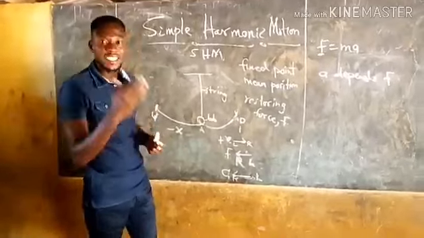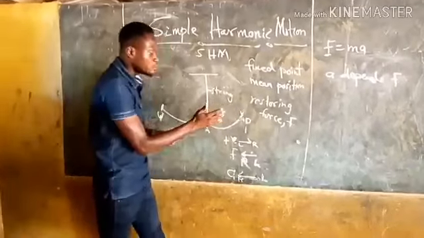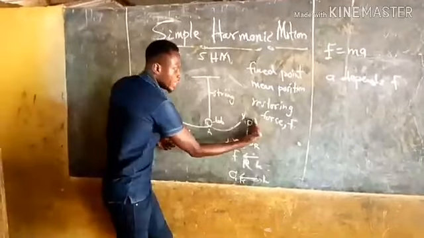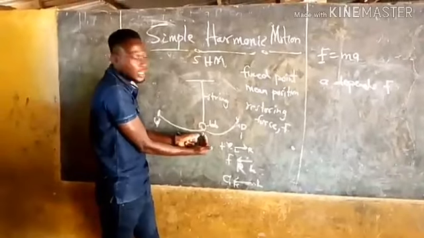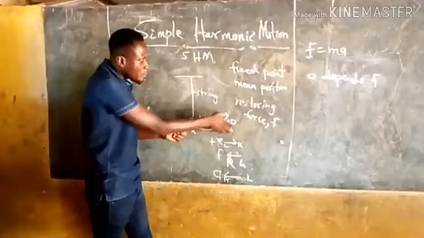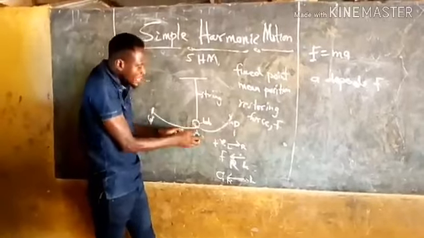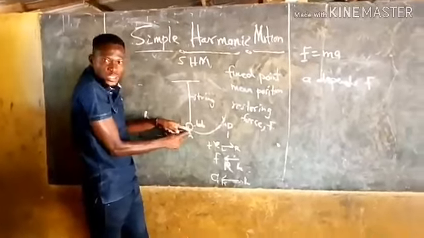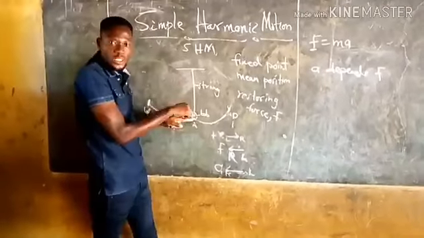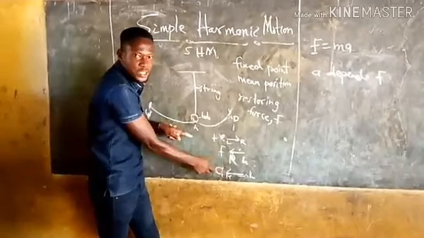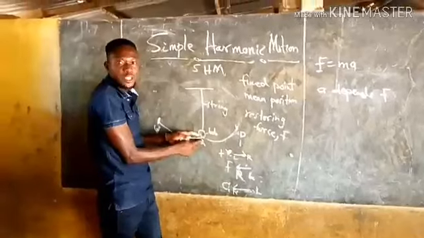Now let's look at the second one. If the force is moving from right to left so that the ball can come back to its mean position, then we can say that the applied force is being directed towards the mean position. And if acceleration is as a result of the applied force, then we can also say that the acceleration too is directed towards the mean position.